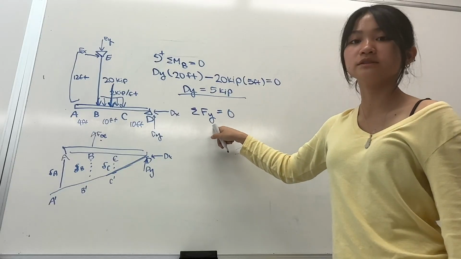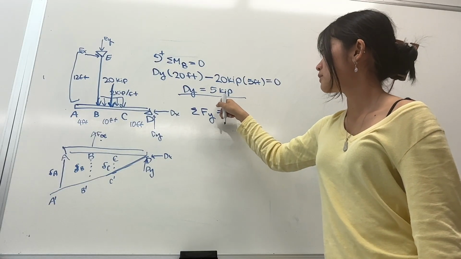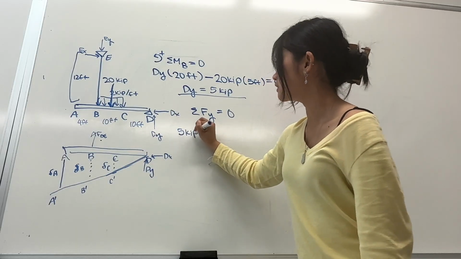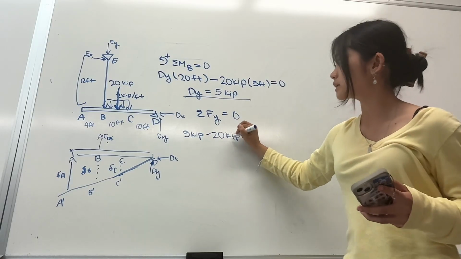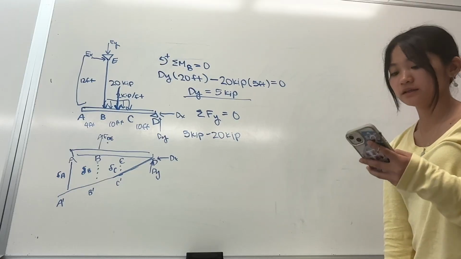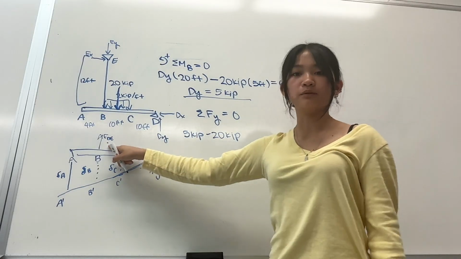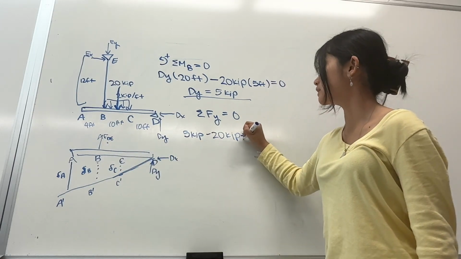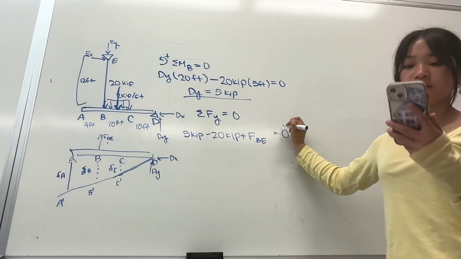So that's one thing. Now, because we have our Dy, we can use our second equilibrium equation for forces in y, right? So we have Dy going upwards, so we have 5 kip here, minus 20 kip, because this is a downward force. And then we also have our force BE, which I have pointing upwards, so we can do plus force BE equals 0.